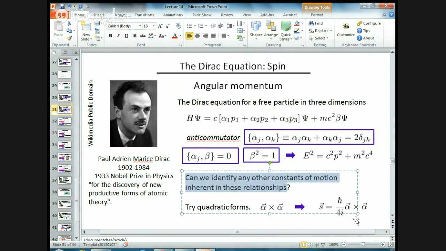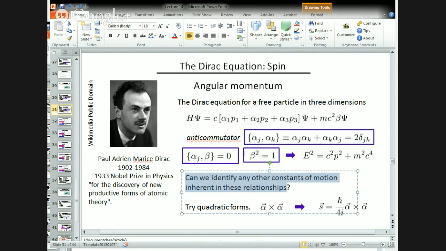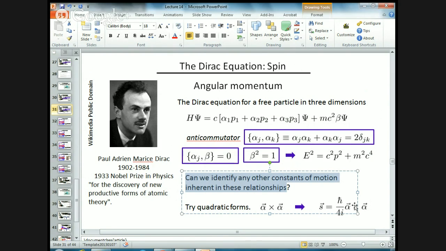And I've defined this S just in terms of that because I know this is a preferable form for reasons you'll see.